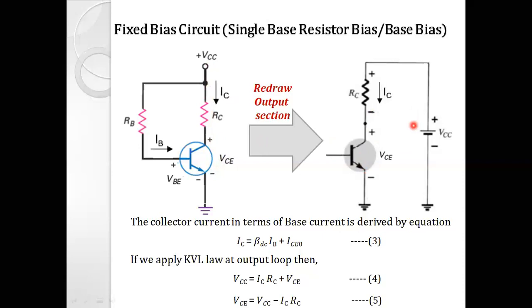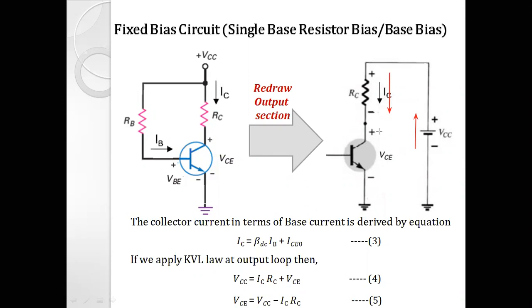So how to do that? Same as the input section, apply the KVL in the output section, right? When we apply the KVL, starting from the supply, going from negative to positive, that is plus VCC. Then from positive to negative terminal, the drop across RC would be minus.